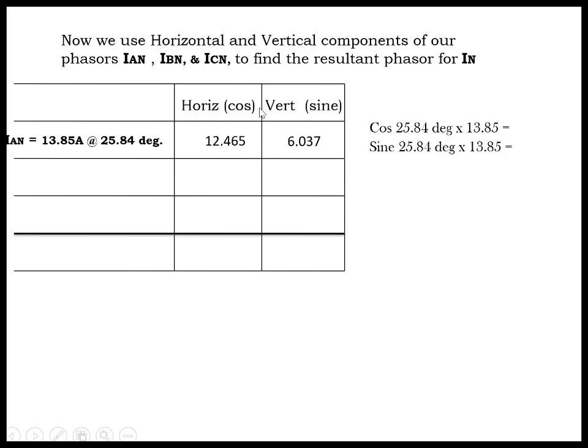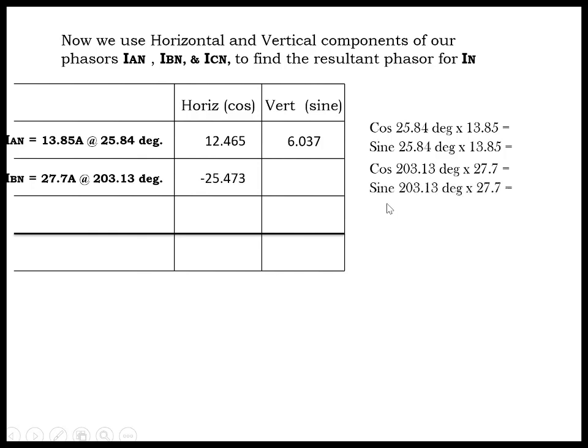So we just take cosine for horizontal, sine for vertical to break each of these currents into a horizontal and vertical part. For current B, cosine of 203 degrees times 27.7 amps gives me that for horizontal. The sine of 203.13 degrees times 27.7 amps gives me that for a vertical.